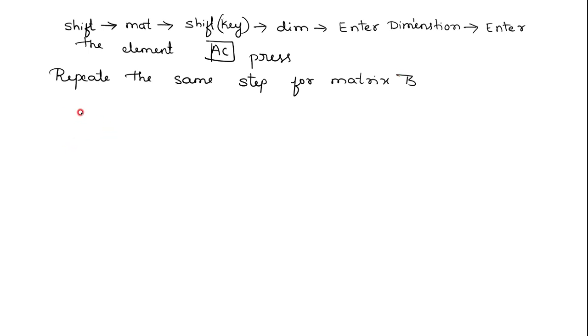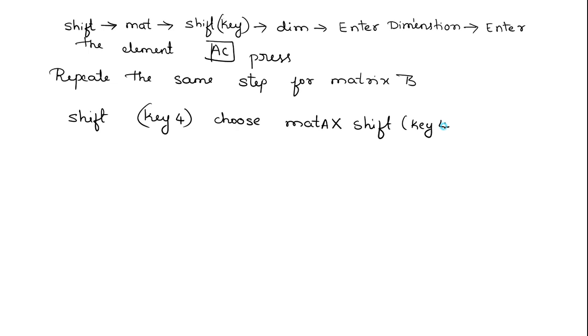Now to multiply these two matrices, press shift key 4. Here, don't choose dimensions, choose Mat A. Put a multiplication sign and then again press shift key 4 and choose Mat B. So the matrix A into B will appear.